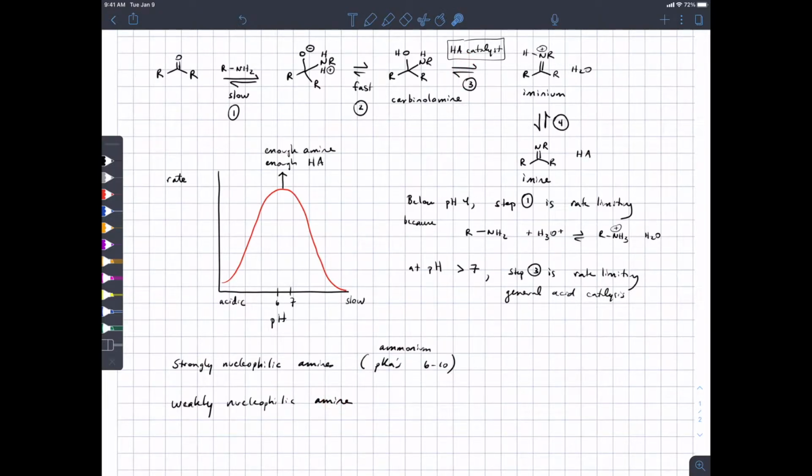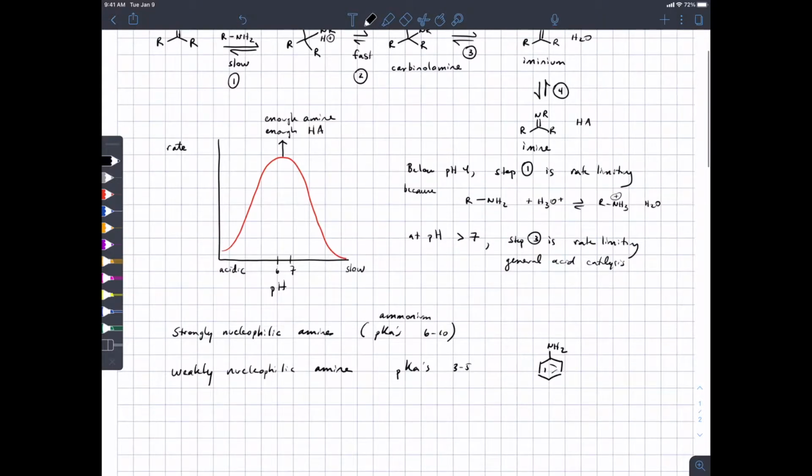Weakly nucleophilic amines may not be able to, and these would be things with conjugate acids whose pKa's are between 3 and 5. These might be things like arylamines, or here's one I didn't actually know, semicarbazide. Have you ever heard of that before? I really hadn't.